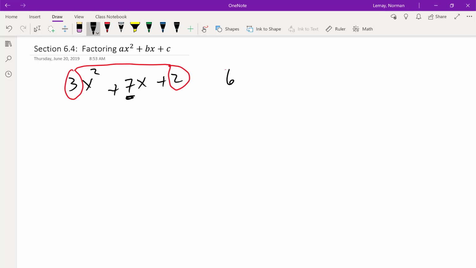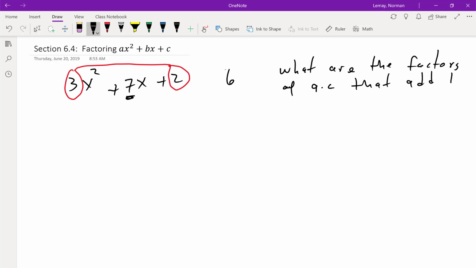So if I have to write that down, what are the factors of A times C that add to B?